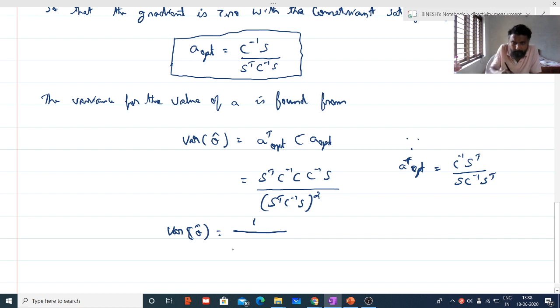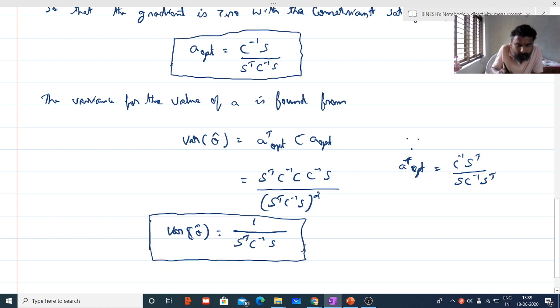It is 1 by S transpose C inverse S, so S transpose C inverse and C got cancelled, and you will have 1 by S transpose C inverse into S. In this manner you are getting variance of theta cap. These two things I had directly taken and brought into that equation. So, clear how we are getting the A optimum and the variance of theta cap.